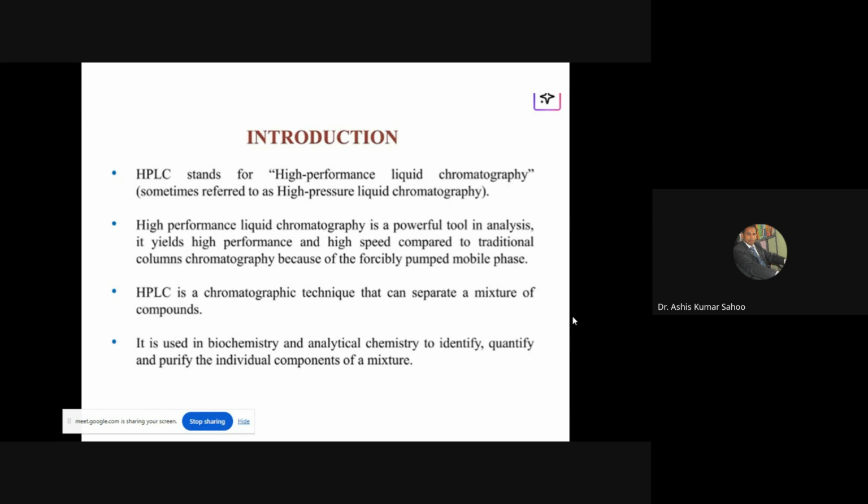HPLC is a chromatography technique that can separate a mixture of compounds. So we have a mixture of compounds. Especially we can separate enantiomers.